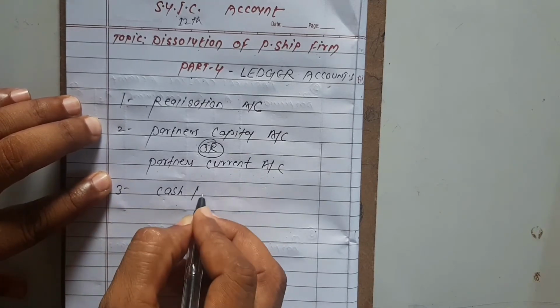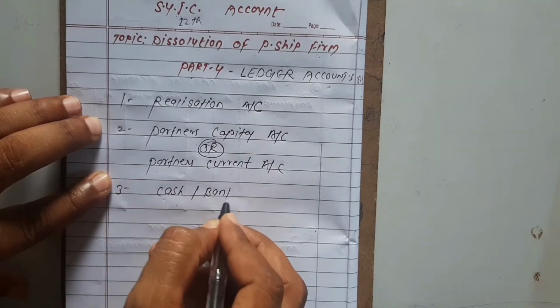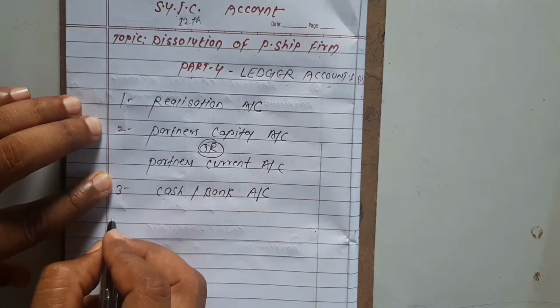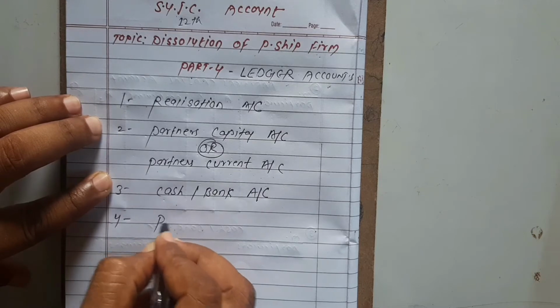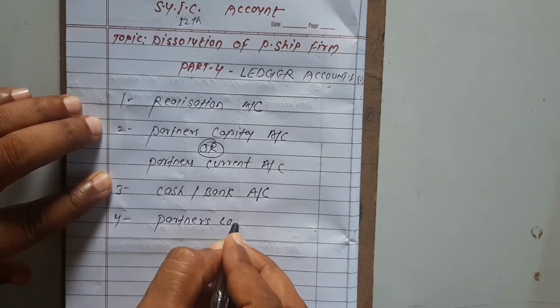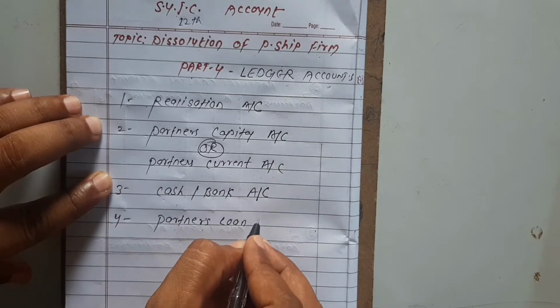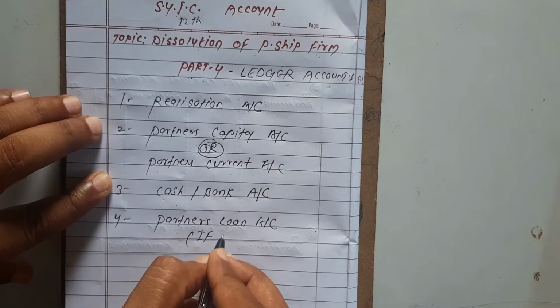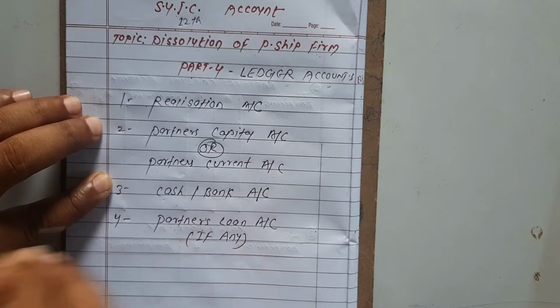This is a must. This is a compulsory account, and this account must tally. And fourth one is partner's loan if any. If in the question a partner's loan account is given, and any loans related to partners, then only partner's loan will be prepared. Otherwise no need.